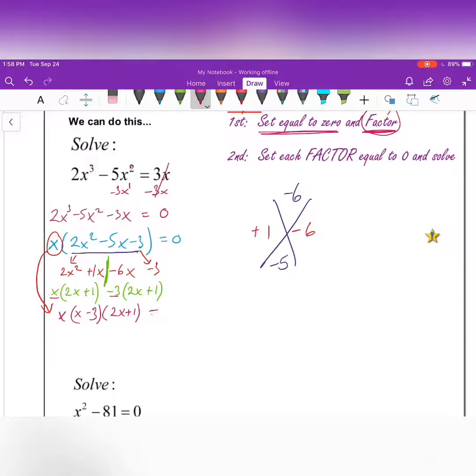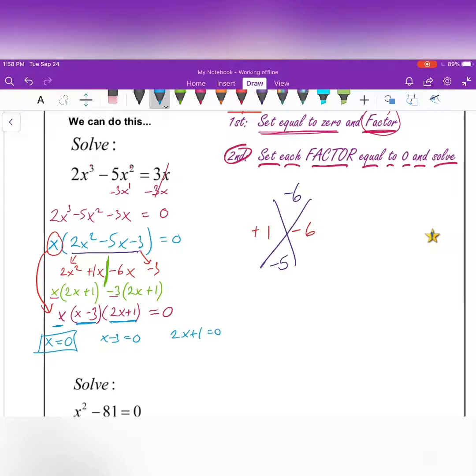Okay, but the new part is this step number 2. Set each factor equal to 0 and solve. So this, and this are each factors. So what you do is you set each of them equal to 0. So x equal to 0, x minus 3 equal to 0, and 2x plus 1 set equal to 0.